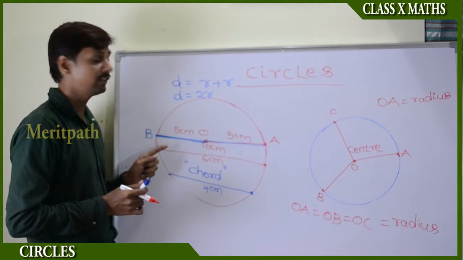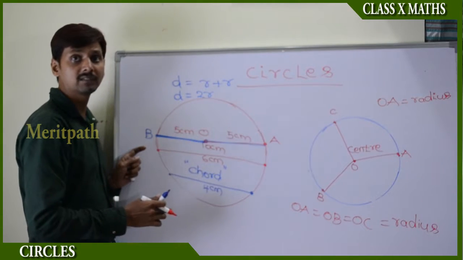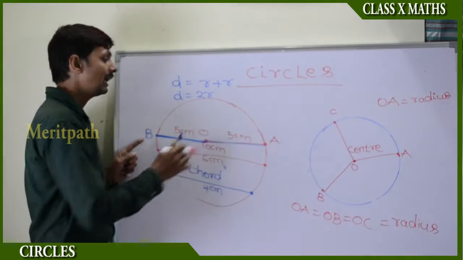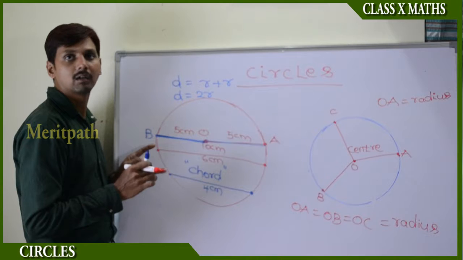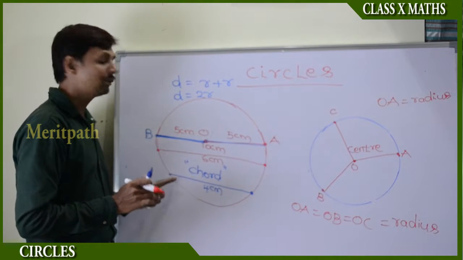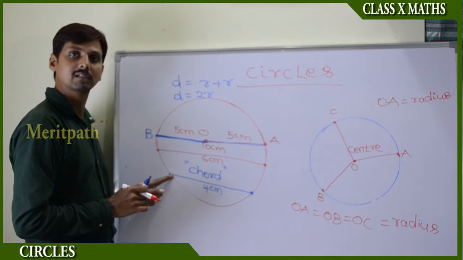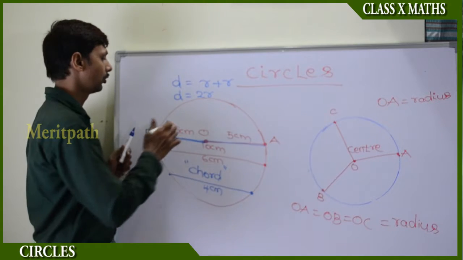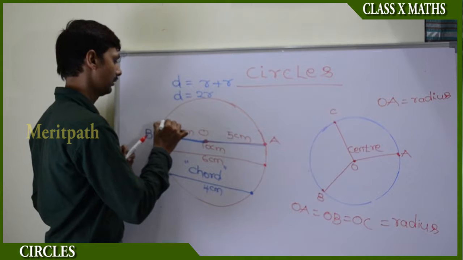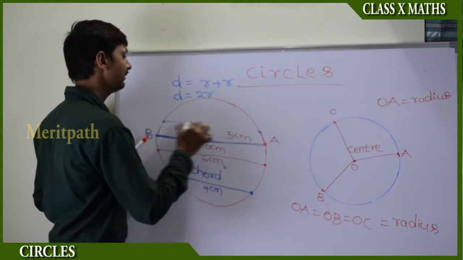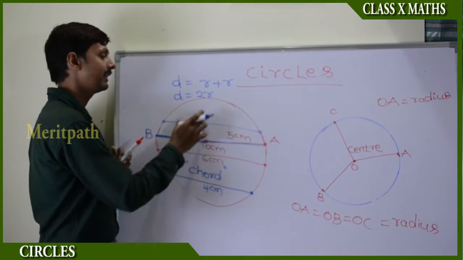So here we understood that AB is a chord of the circle, which is nothing but the diameter, and the diameter is a chord of the circle, but every chord is not a diameter of the circle. So when we take two points above the diameter and join them, it's less than the diameter.